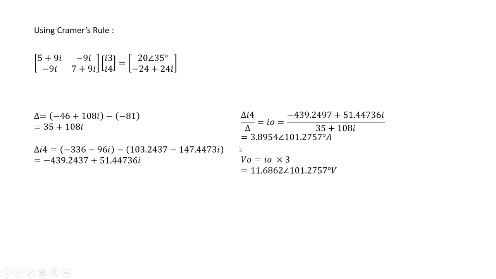By applying Ohm's law, VO is equal to I0 multiplied by resistor R4. So we have the final answer for VO: 11.6862 with an angle of 101.2757 degrees volts. Thank you for watching this video.